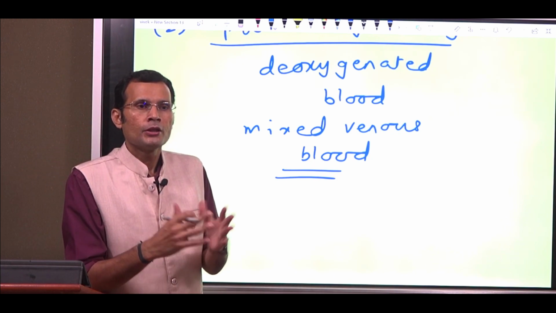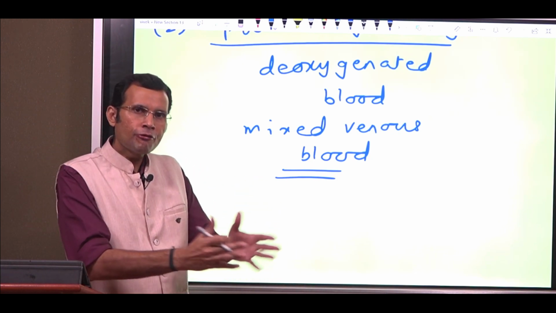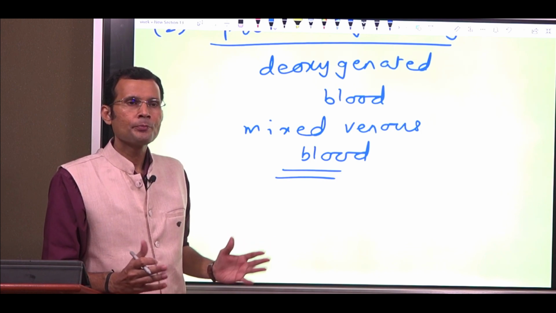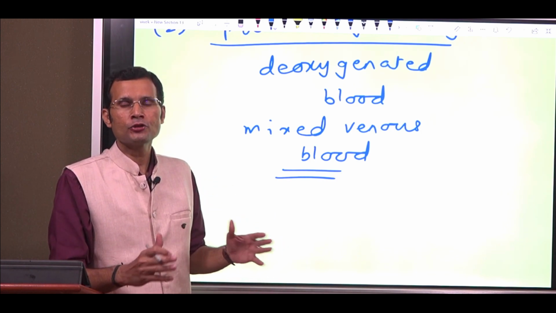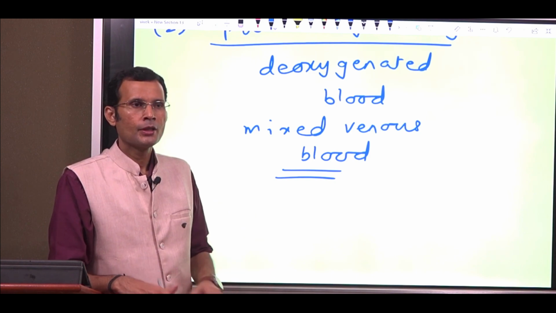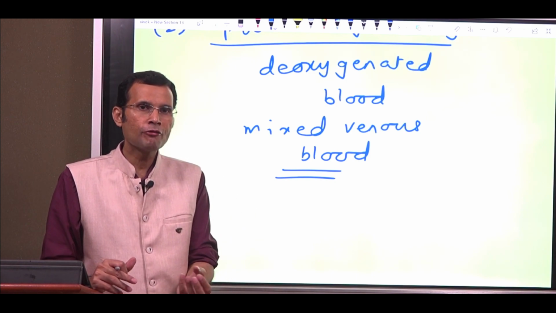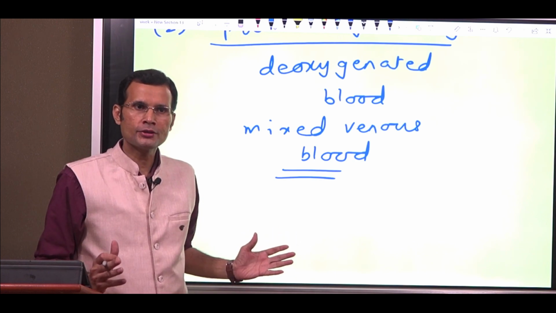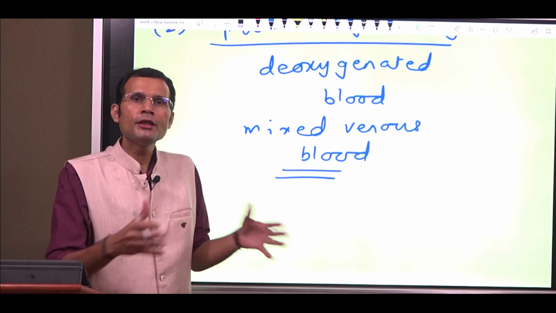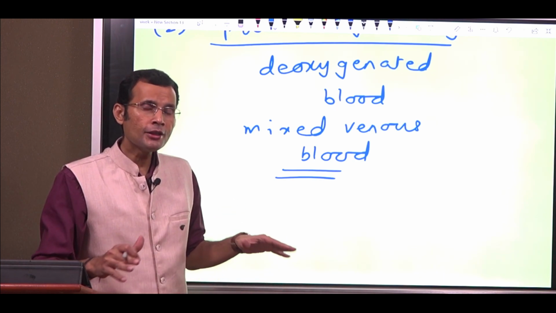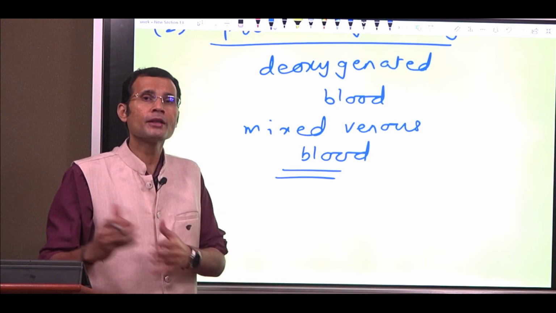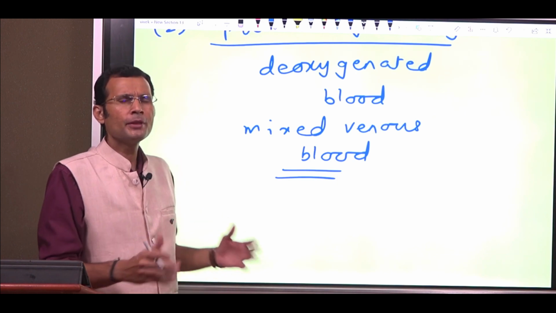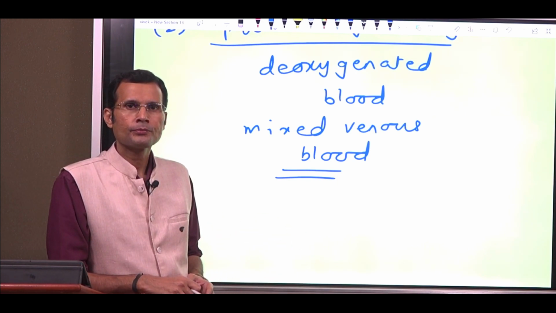Now, the veins which emerge from different organs and different tissues contain different volume percents of oxygen. The venous blood coming from different organs will have different oxygen percent saturation, or different volume percent of oxygen, or simply different oxygen content.